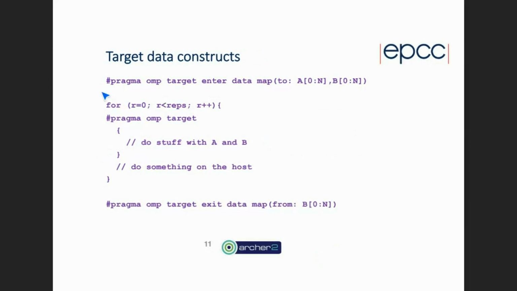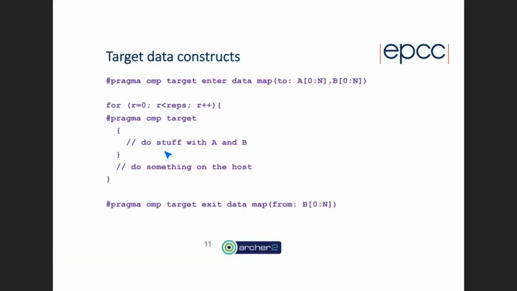So you can do things like this. You can do OMP target enter data. At this point in the program, you could map these arrays A and B to the device. And then you could have a whole series of target regions, offloaded code sections, which access A and B. And maybe you're doing something on the host in between, so that it's not possible to wrap this up into a single target.